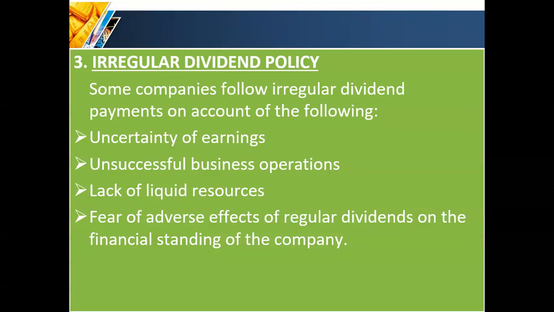A company may be facing a liquidity crisis, or it is getting inadequate revenue. A company may be scared of giving regular payouts due to certain reasons. The business carried out by the company may not be a success, or may not be profitable. The company may not get adequate revenues in that particular year. At that time, the irregular dividend policy will be followed.